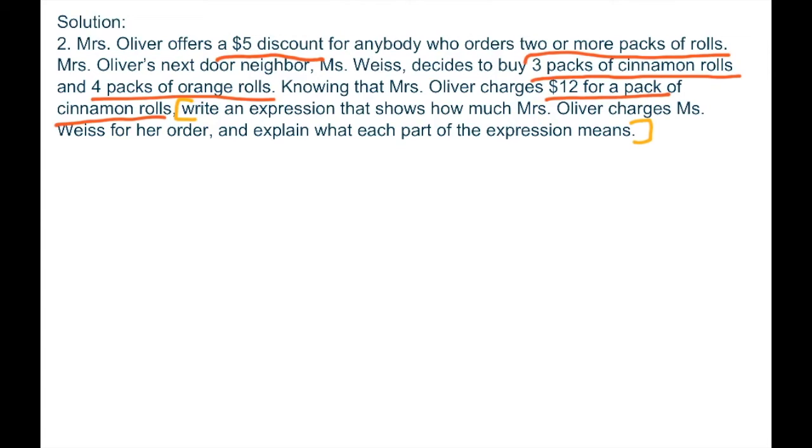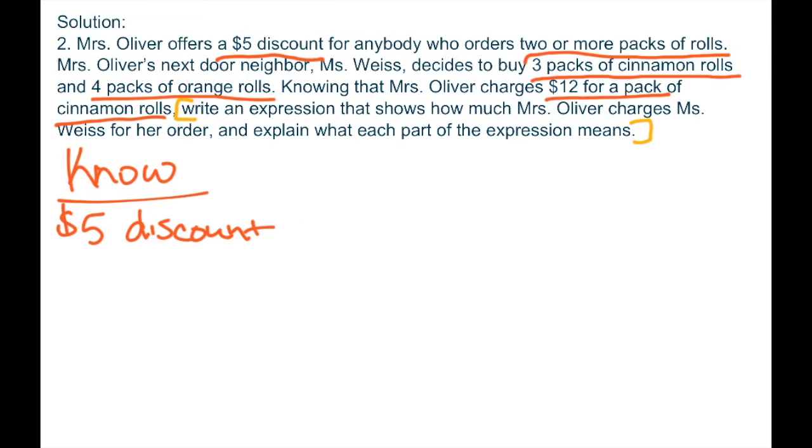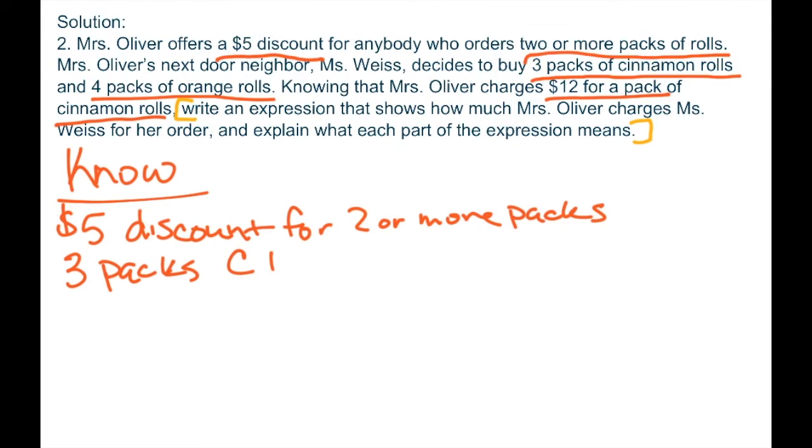Well, like always, I'm going to start out with what I know. I know that there's a $5 discount for 2 or more packs. I know that Miss Weiss bought 3 packs of cinnamon rolls and 4 packs of orange rolls.